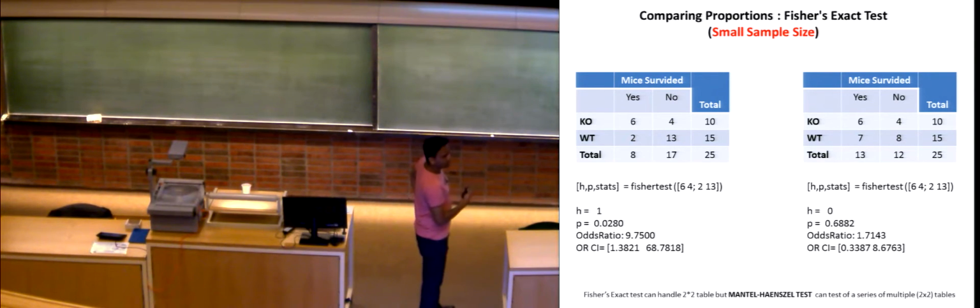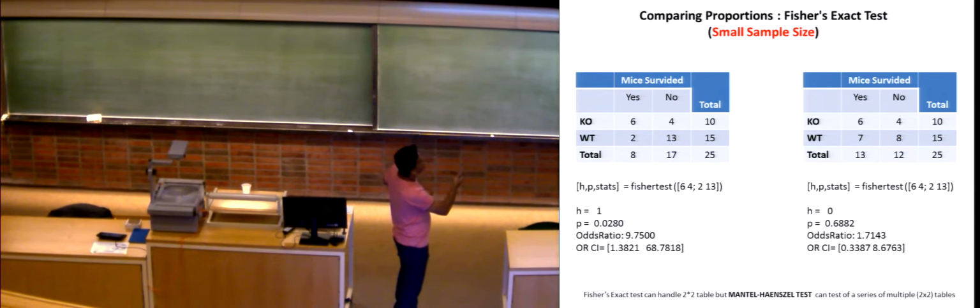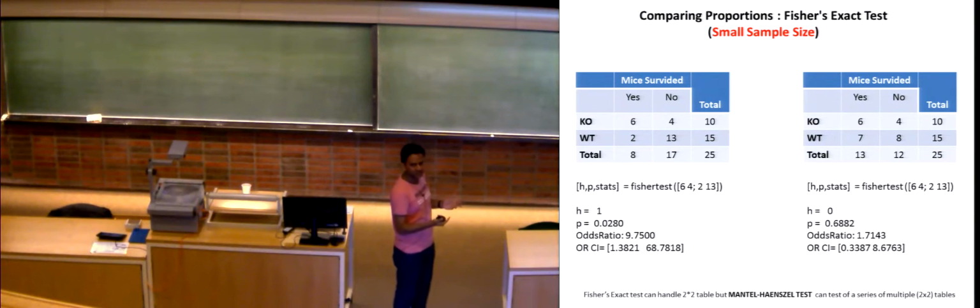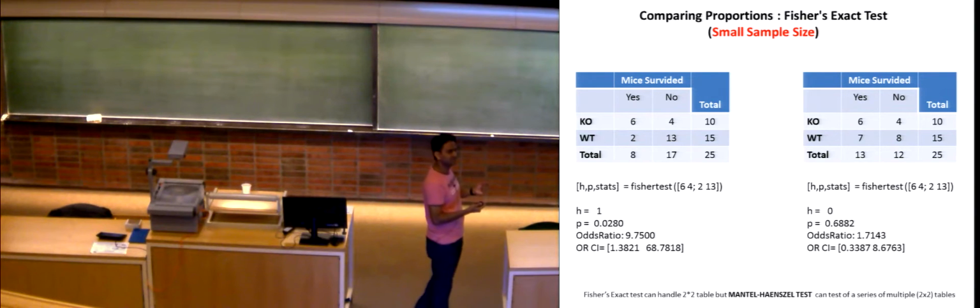And then another question would be, what if I have multiple groups, right? Wild type, knockout, or what else you have? Control, I don't know, but just think of anything, right? More than 2 groups, and more than two different varieties or categories. In such cases also one can use the chi-square test.